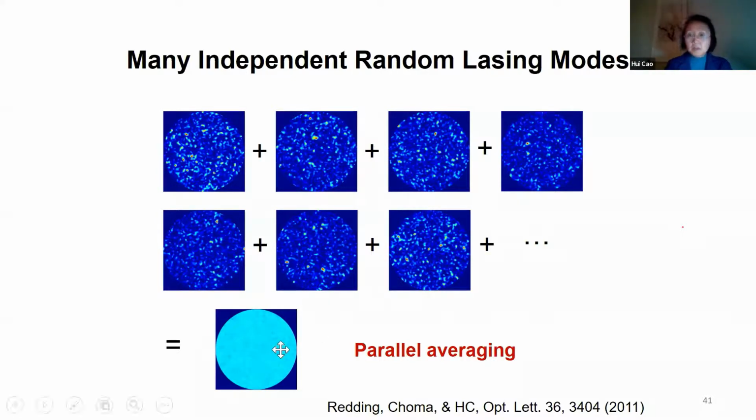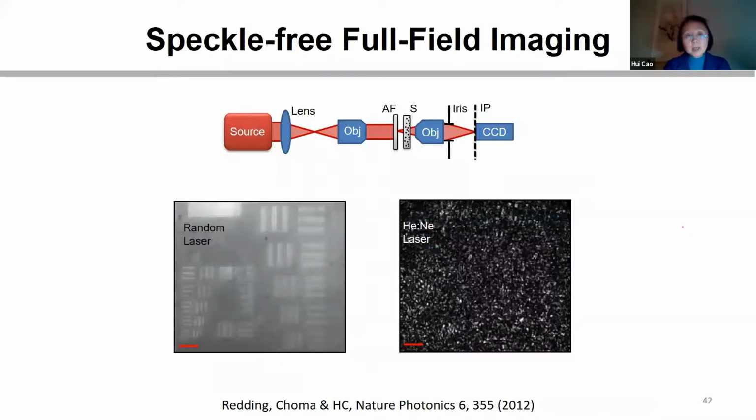But this summation is not sequential like when we use a rotating diffuser. This summation is in parallel, so that's why we can have a very short decoherence time that allows us to do very fast coherent imaging. We show this by using the random laser to image an Air Force test chart through a scattering medium.